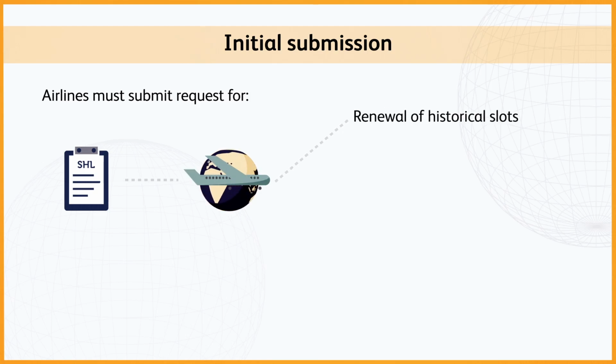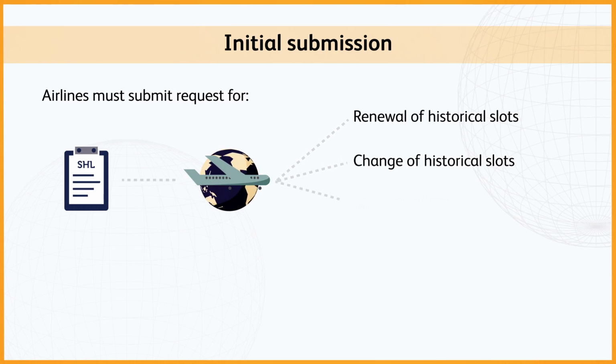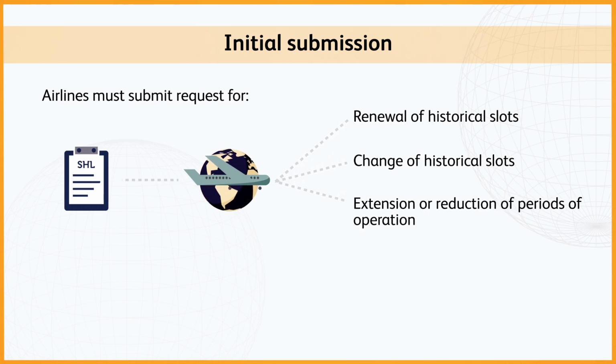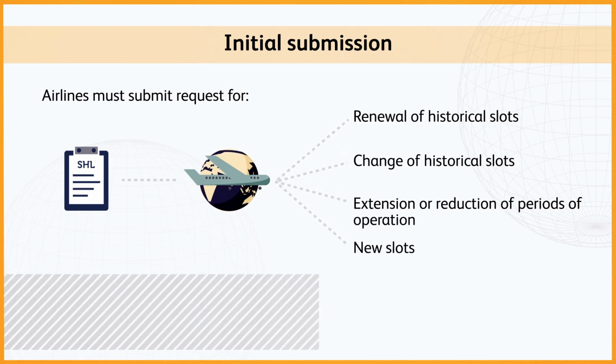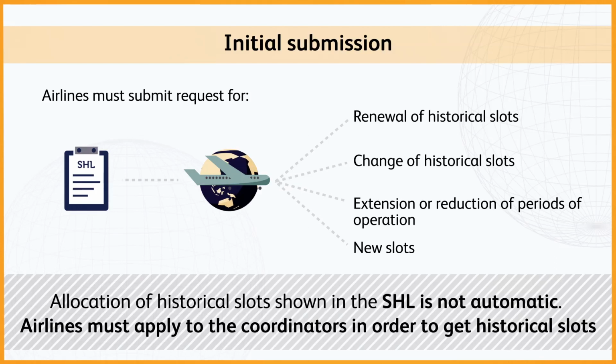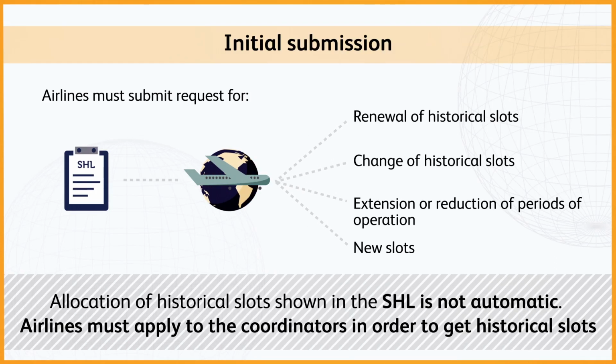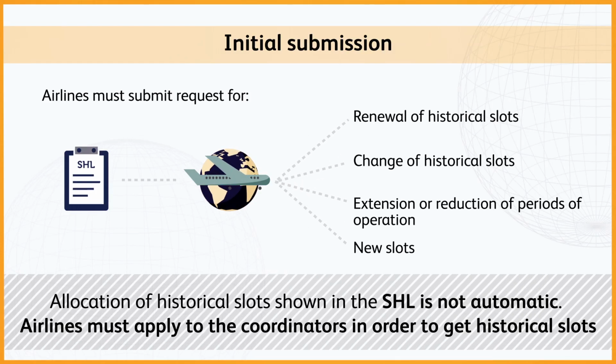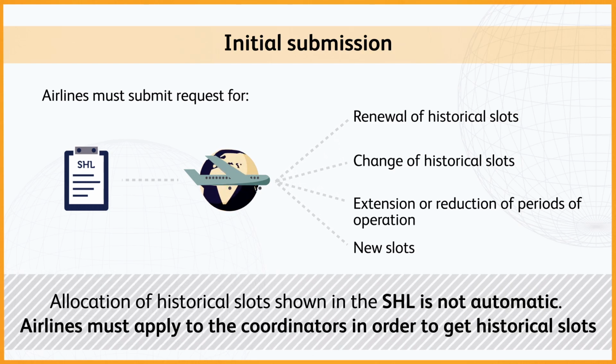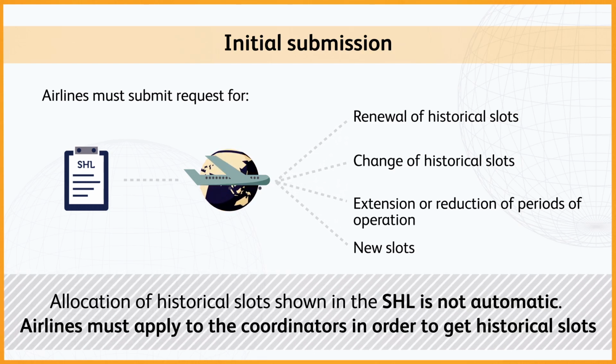Renewal of historical slots, 2. Change of historical slots, 3. Extension or reduction of periods of operation, 4. New slots. To be noted, allocation of historical slots shown in the SHL is not automatic. Airlines must apply to the coordinators in order to get historical slots.